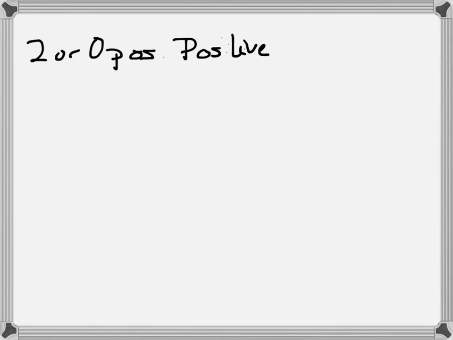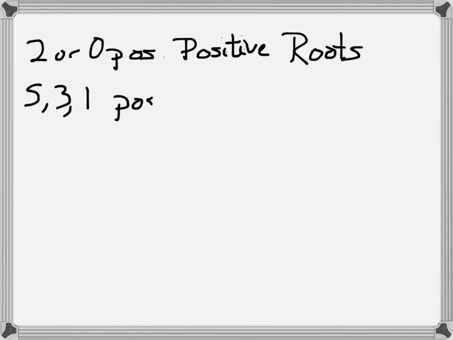So I'm just going to sum it up. We had 2 or 0 possible positive roots. We had 5, 3, or 1 possible negative roots.